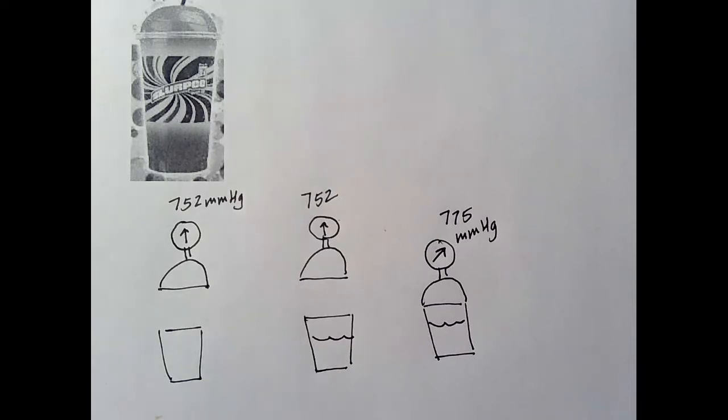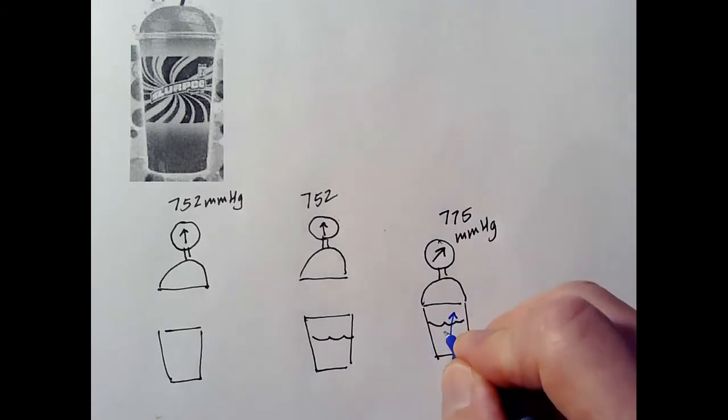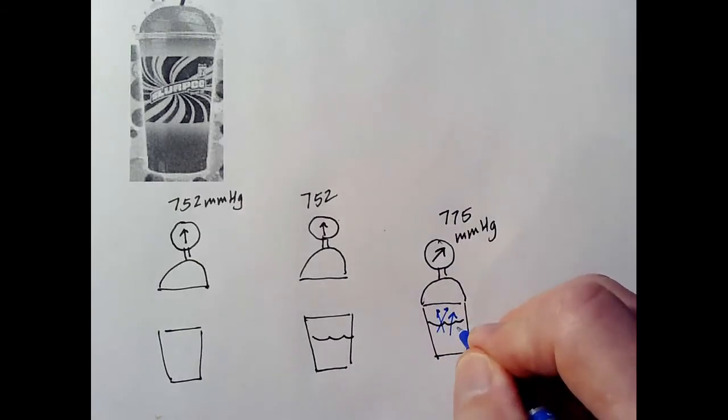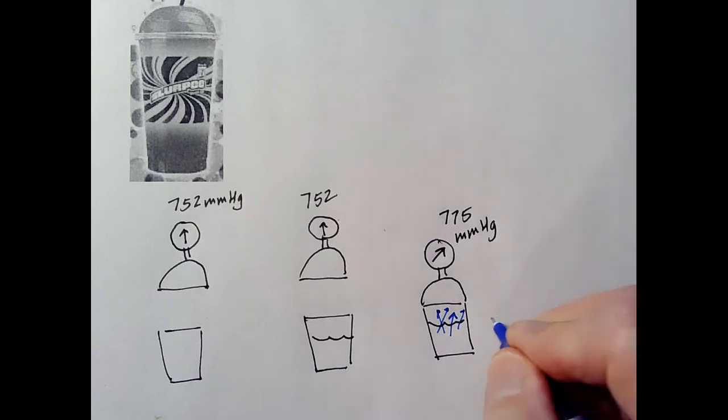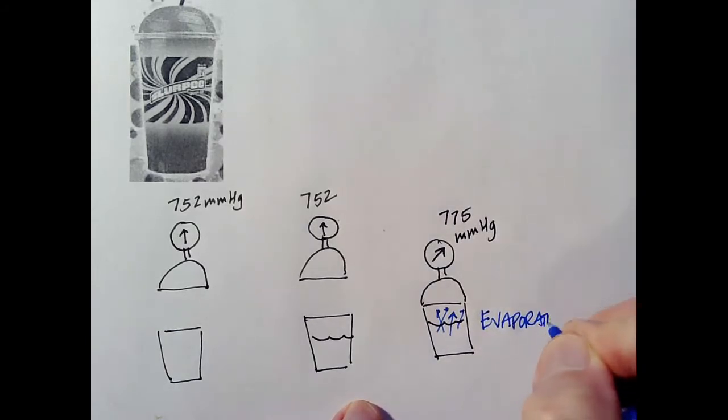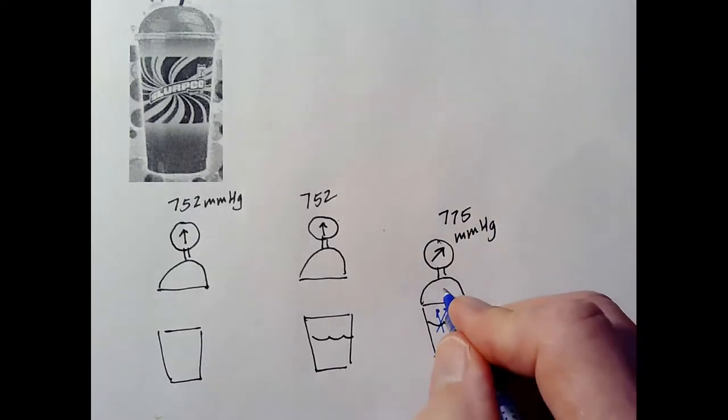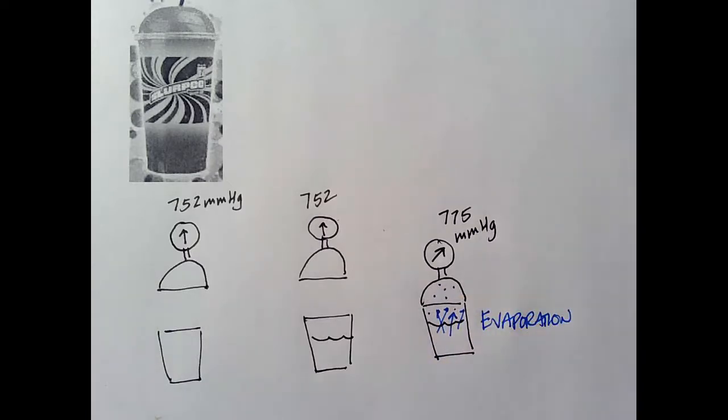Well, remember, of course, we have evaporation going on. If you remember what the particles were doing, I have some evaporation. And what happens? Well, those particles end up here bouncing around, those water molecules.